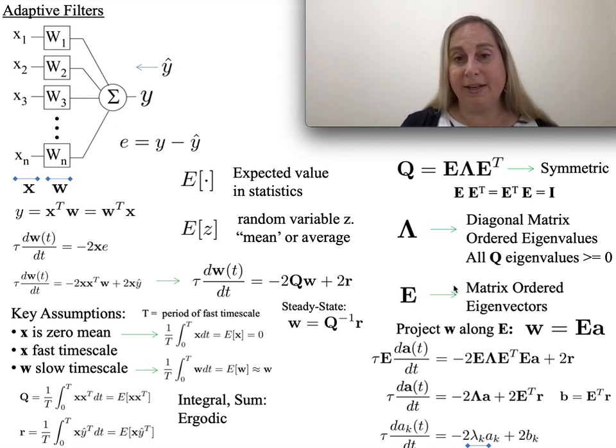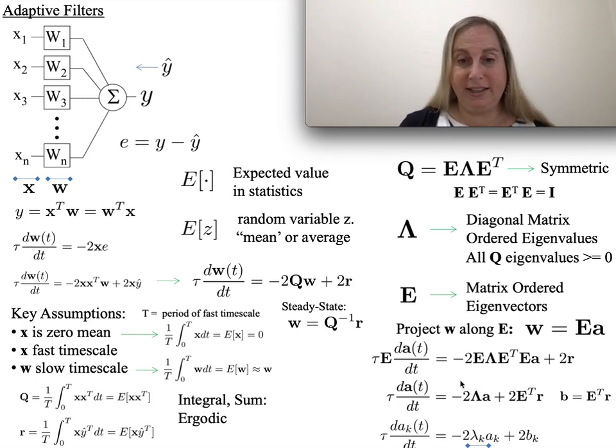A fun thing to happen then is that I can now project W along E and say W is E times a vector A. And if I plug this in, I can reduce it because the E transpose E drops out. If I just group B equals E transpose R, I get something that gives me just the change in A, which is now projecting everything on this eigenvector basis.